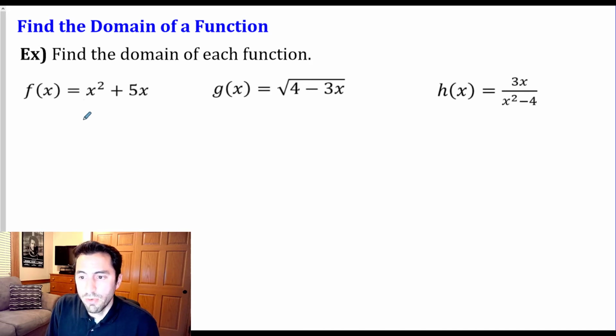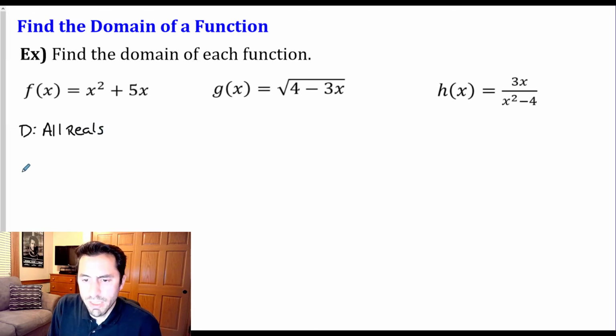The same thing goes for 5x. I can take any real number I want, plug that in for x, multiply it by 5, and I will end up with another real number. So my domain, so I'm going to say capital D for domain, and one way I could write this out is I could just say that my domain is all reals.